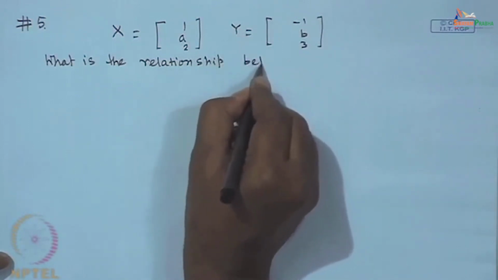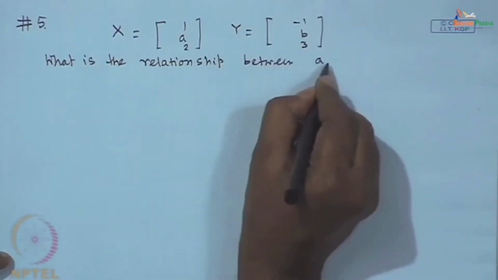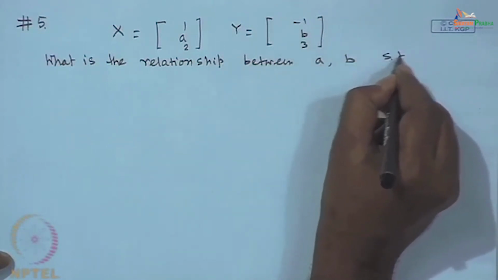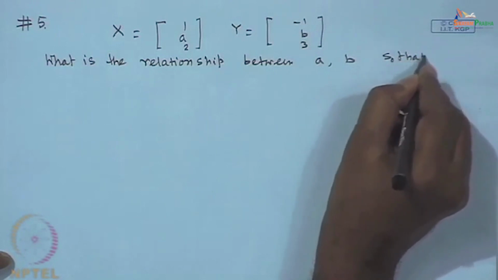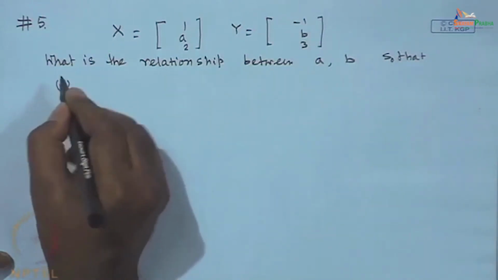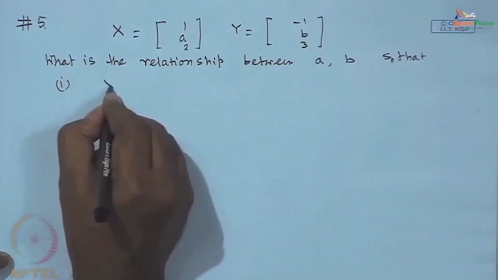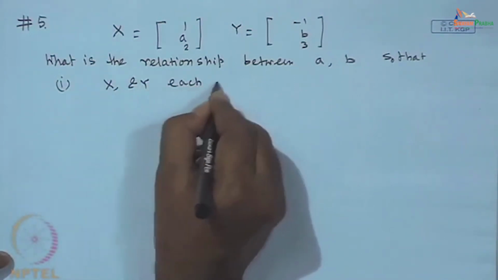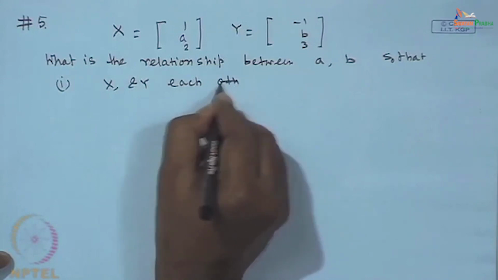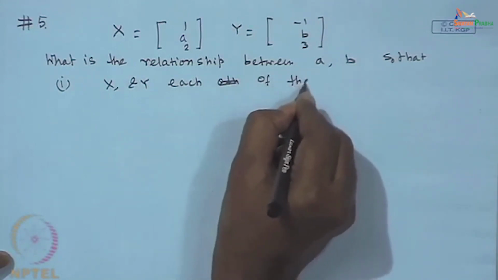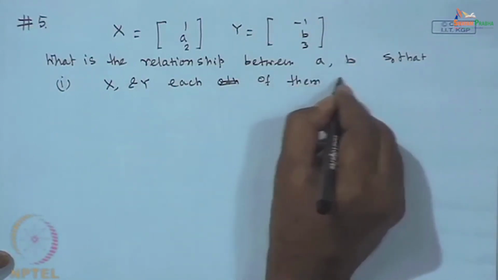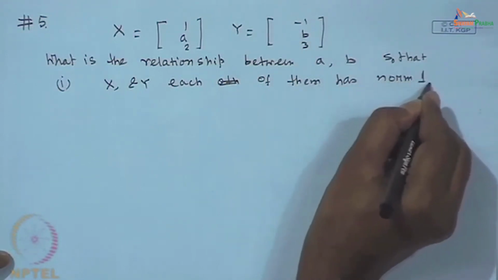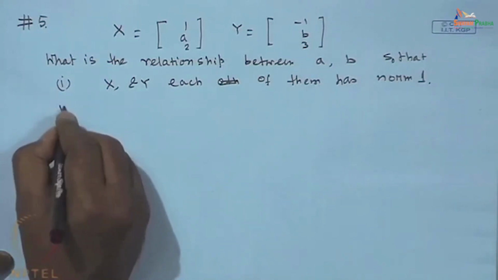between a and b, so that for different cases, let us say case 1, x and y, each of them has norm 1. Okay.